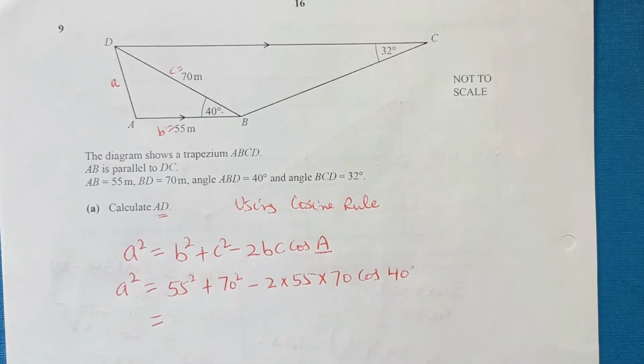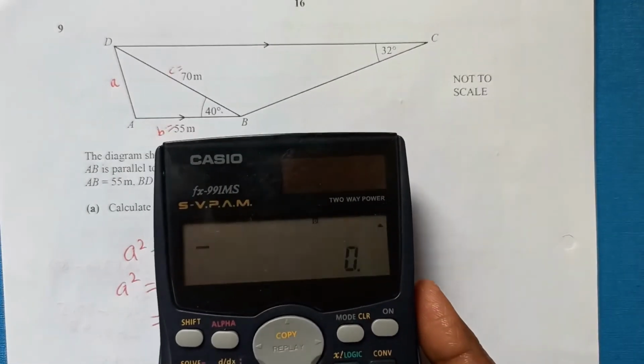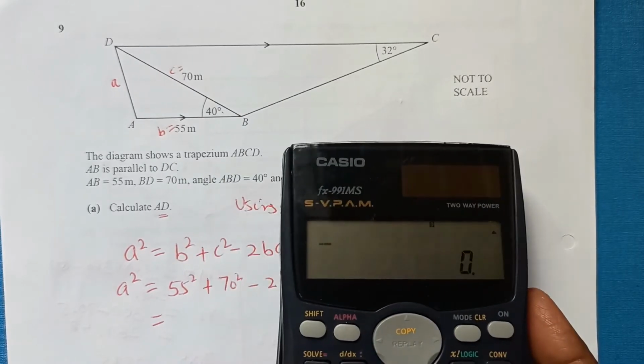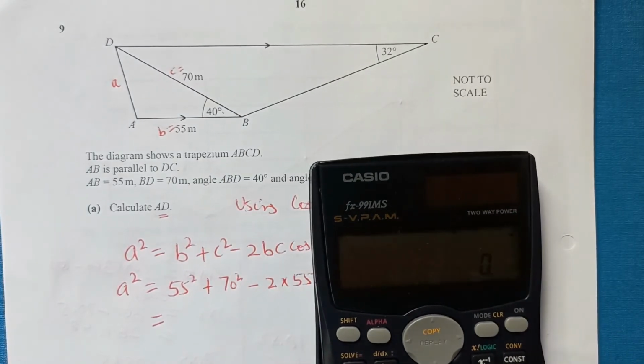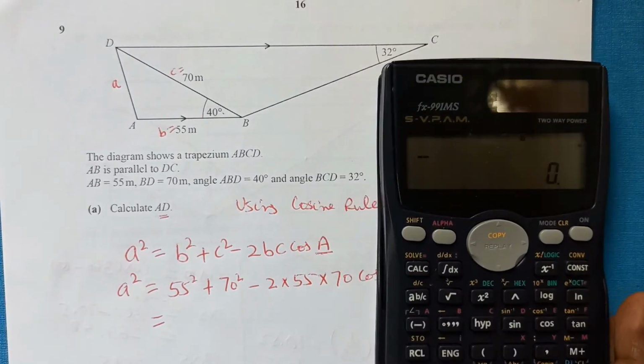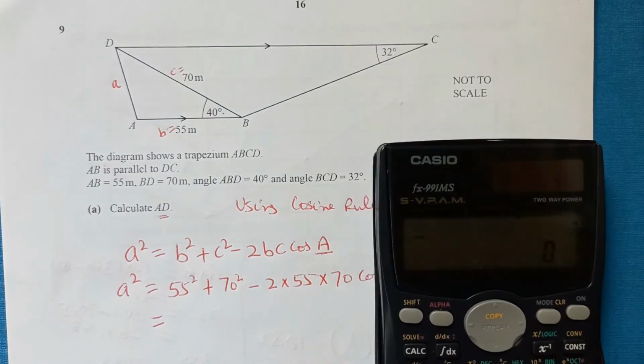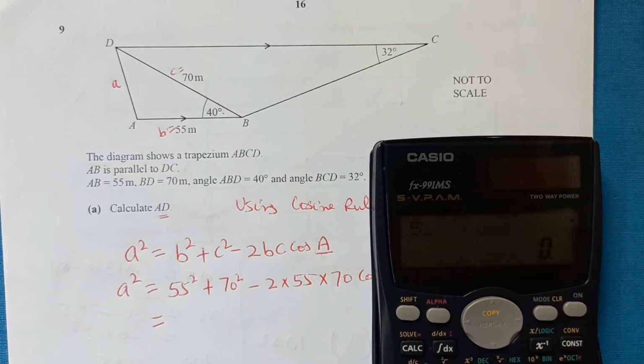So we can use calculator for this. A squared is 55 squared plus 70 squared minus 2 times 55 times 70 times cos of 40 degrees.